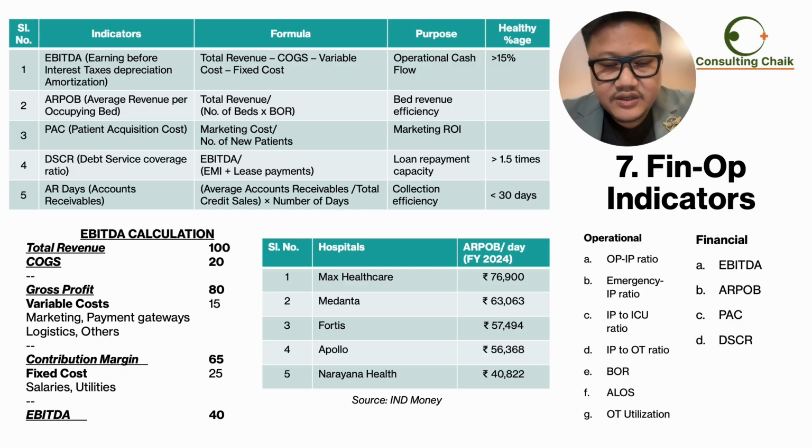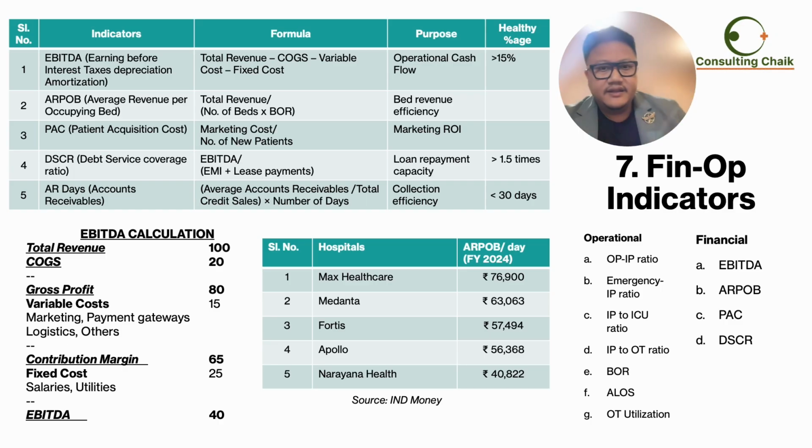Then you need to see your DSCR. We had spoken about DSCR in previous slides. DSCR is debt service coverage ratio. It is calculated as EBITDA divided by your EMI plus lease payments of that month. The purpose of this is to understand the loan repayment capacity.